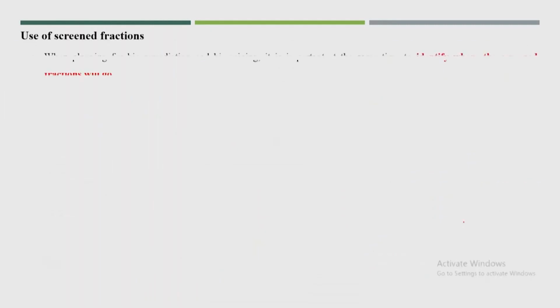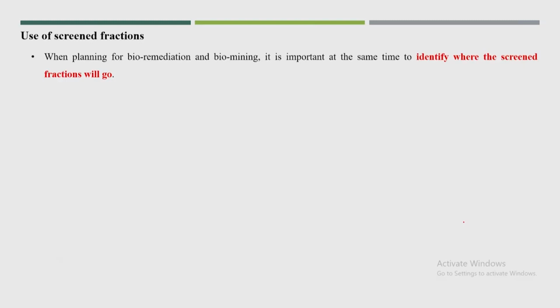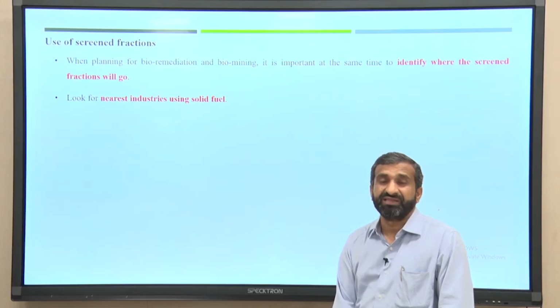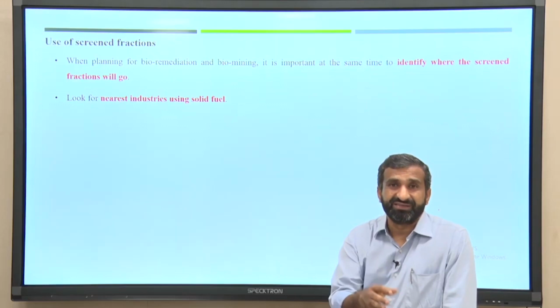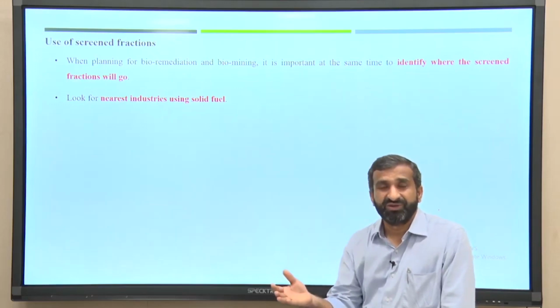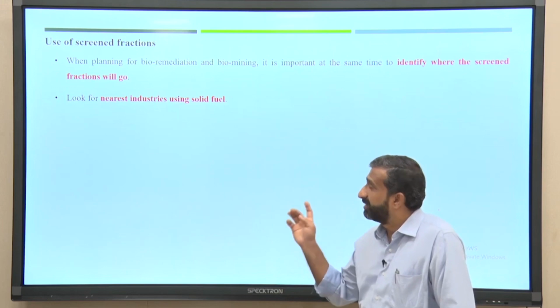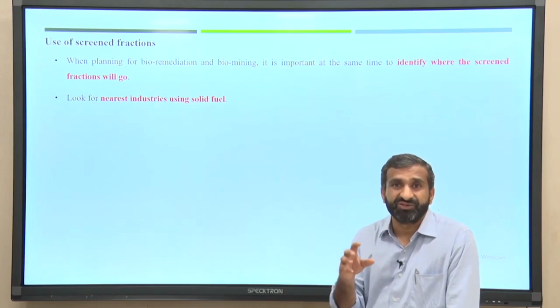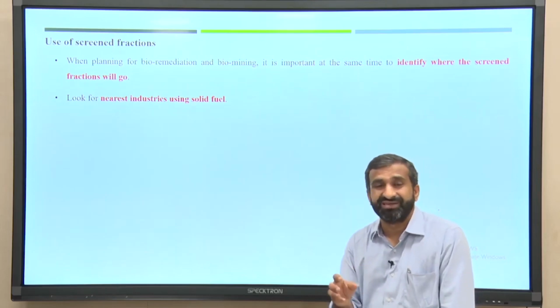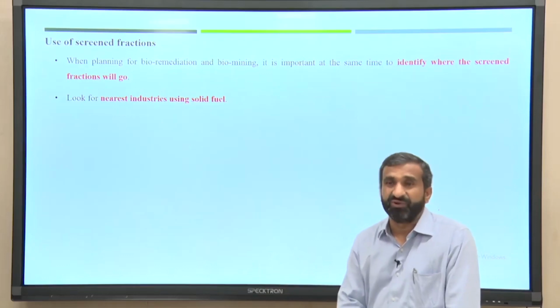So, what could be the use of the screened fraction when planning for bioremediation? It is important at the same time to identify where the screened fractions will go. Look for the nearest industry using solid fuel. Remember that when you are planning for biomining, it is not only the excavation, hand picking or windrow, but also this point that is important: what you will do with the screened material. Otherwise, you screen it and it will again remain in the same location.